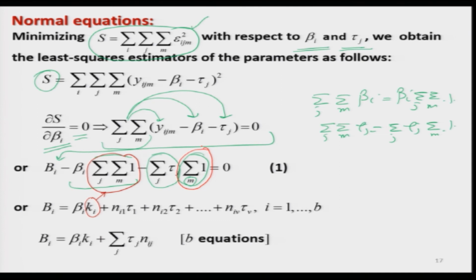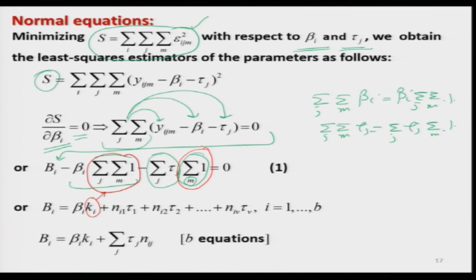That simply gives you the values of nij. How? For j equal to 1, that will be simply ni1, and if you change the values of I from 1 to b, that is going to give you the values ni1, ni2, and so on.